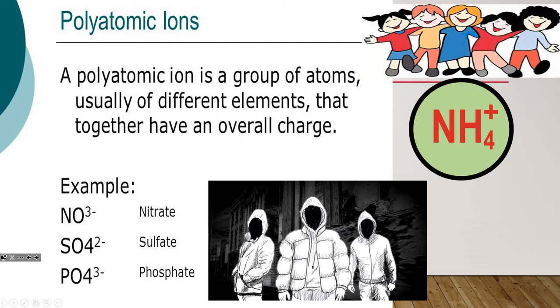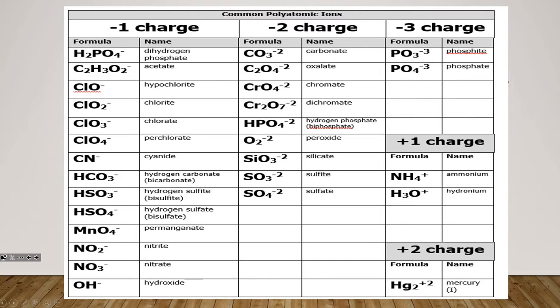NH4 is one of them. That's ammonium. Okay, the other one is mercury 1. If you look at the back of your periodic table, you'll see an area that says polyatomics, and they have charges, and they have their names by them. You see that? Okay, you remember seeing this?